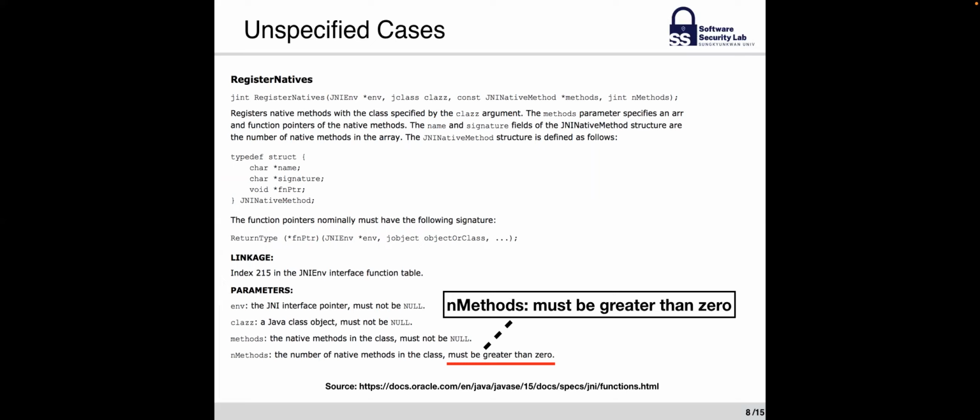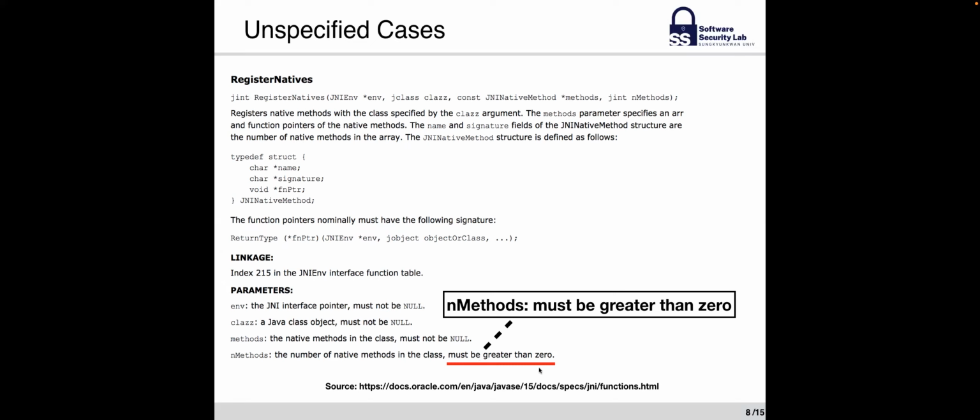This is another example of the unspecified cases. In this example, the JNI specification explains the RegisterNatives function. If you look here, the fourth argument must be greater than 0.